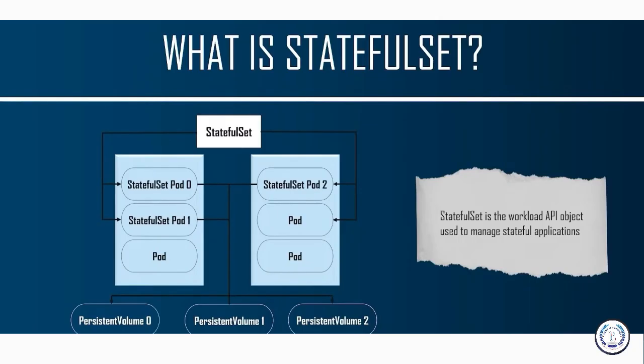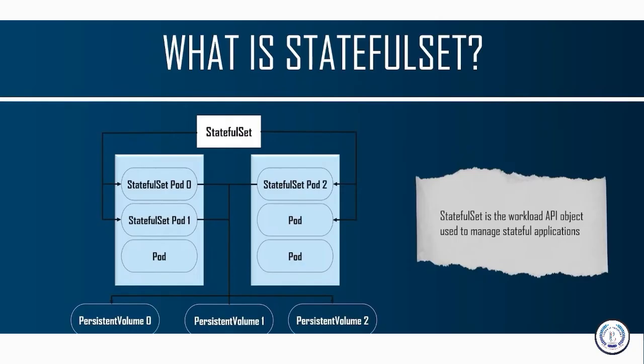Like a deployment, a StatefulSet manages pods that are based on an identical container spec. Unlike a deployment, a StatefulSet maintains a sticky identity for each of its pods, and these pods are created from the same spec but are definitely not interchangeable. Each of them has a persistent identifier that it maintains across any rescheduling. We've already discussed these points in the previous part.